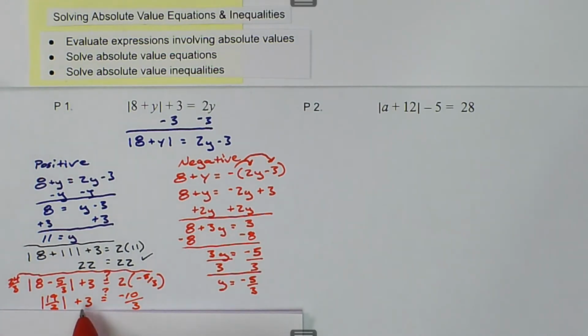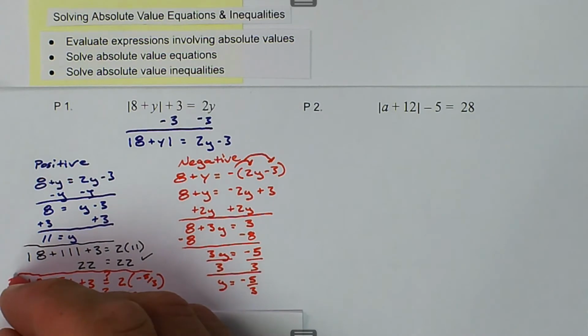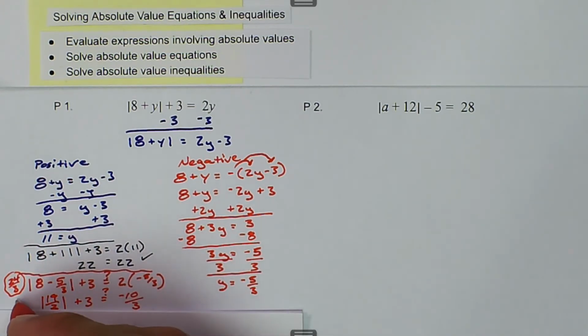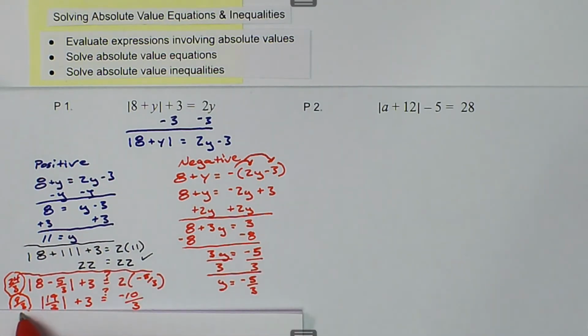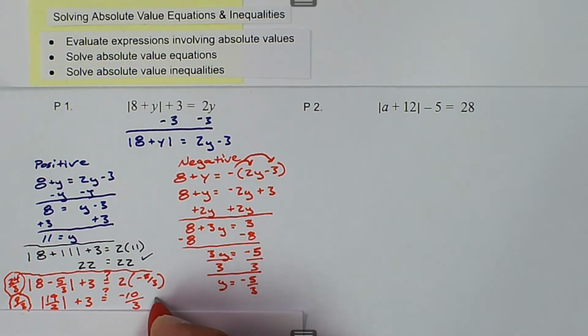And if we have the absolute value of 19 thirds plus 3, this would be equivalent to 9 thirds. I'm just going to circle this over here so we know that it's not part of the equation, but just 3 is equal to 9 thirds. 9 plus 19, that's equal to 28 thirds. And so these two are not equal.